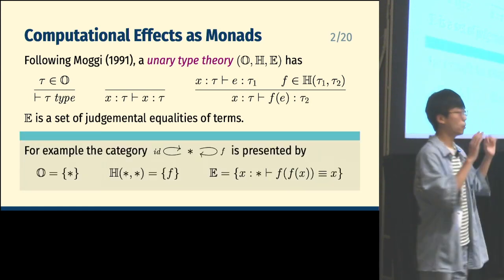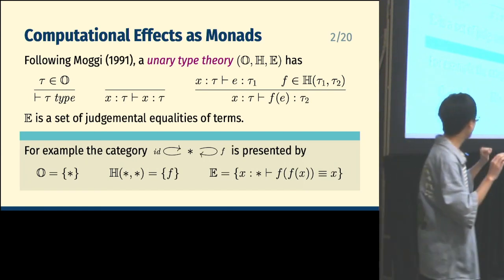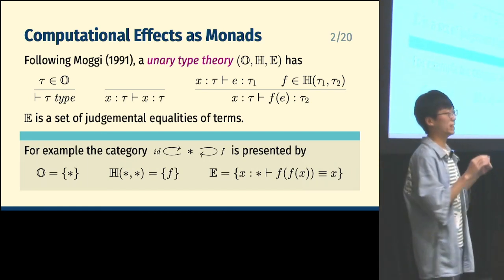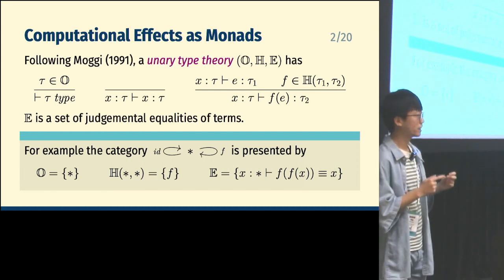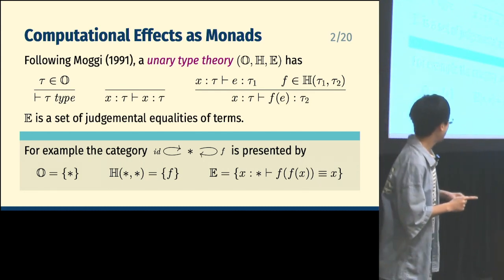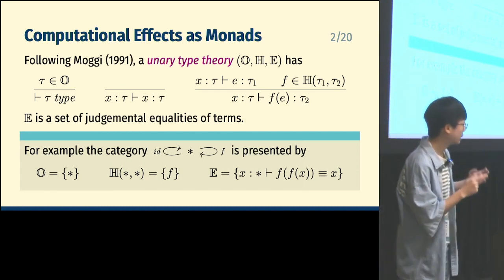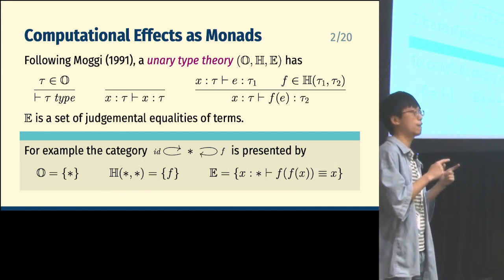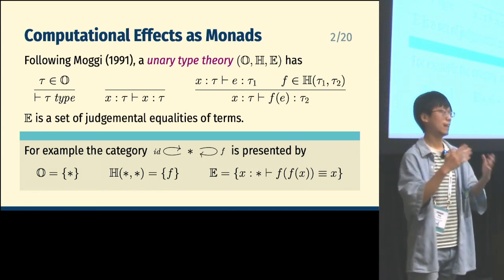For a simple example, let's consider a cute little category with just one object, star, and two morphisms: the identity morphism and another morphism called f, where the composition of f and f is the identity.